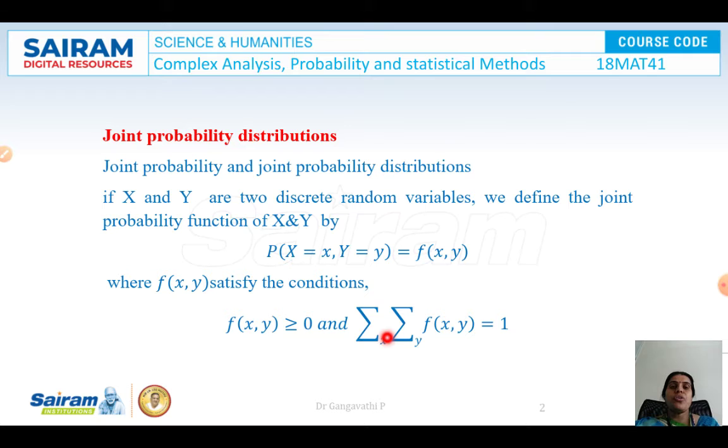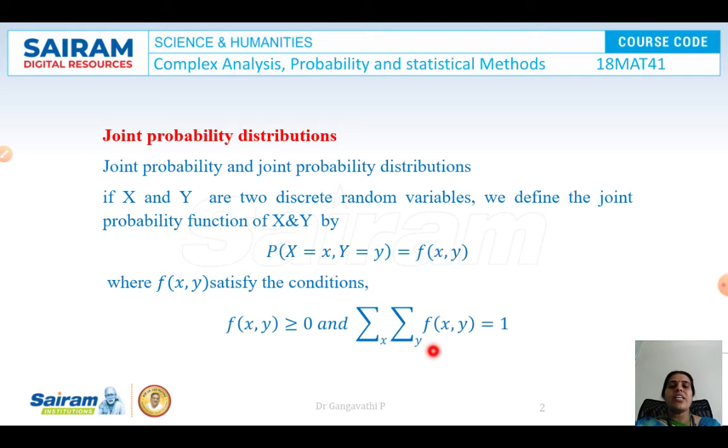And summation over x, summation over y, f of x y is equal to 1, meaning the sum of the joint probability function values should be equal to 1.